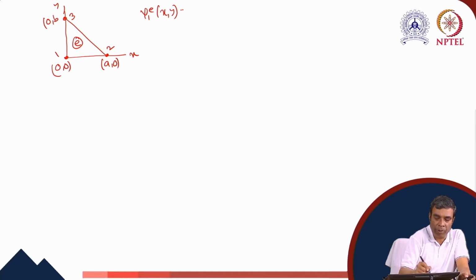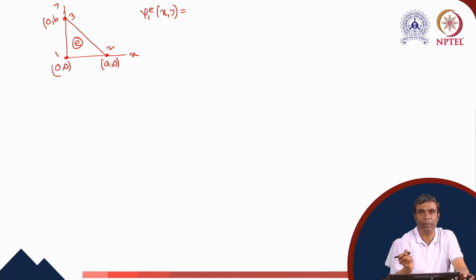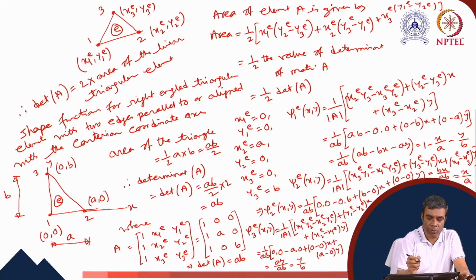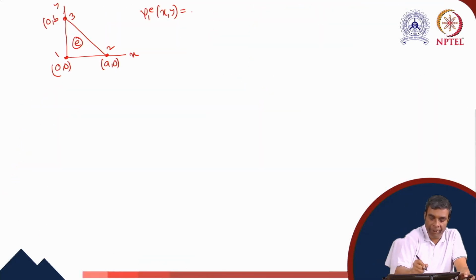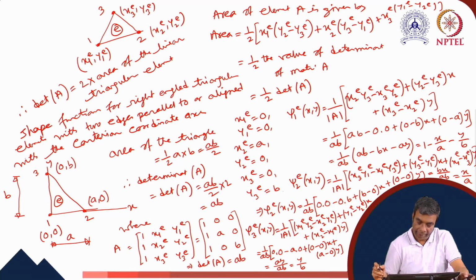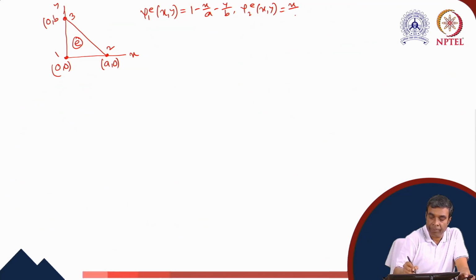These are the shape functions with respect to global coordinates, equals 1 minus x by a minus y by b. Psi 2e x, y is x by a, and psi 3e x, y equals y by b.